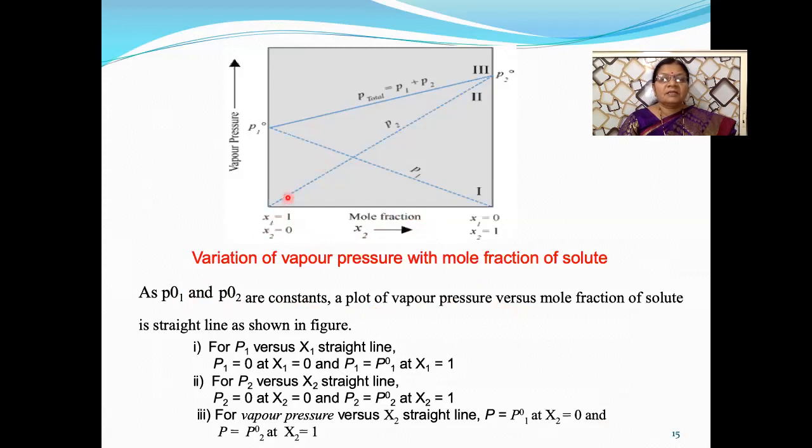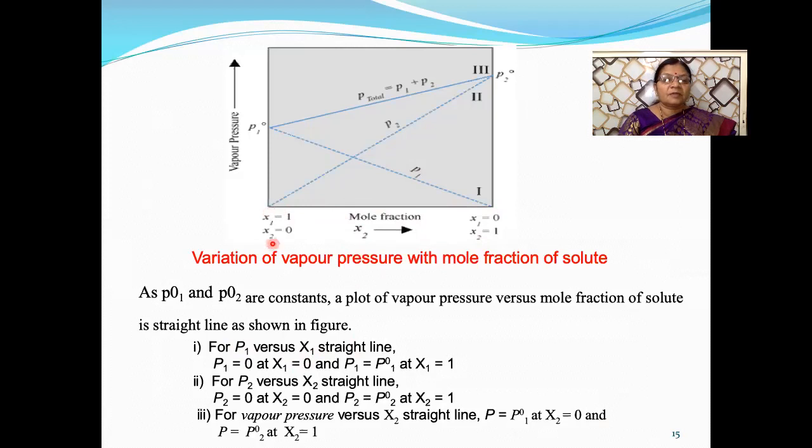Here 3 lines are there. First, for P1 versus X1, what is P1? It is the partial vapor pressure of the first component. X1 is the mole fraction of the first component, that is the solvent. Now observe this straight line, this is P1 versus X1. Here X2, the mole fraction of solute, is shown in this direction.